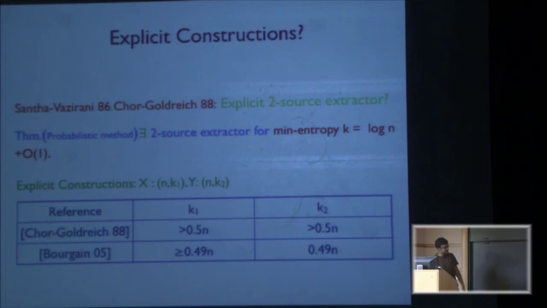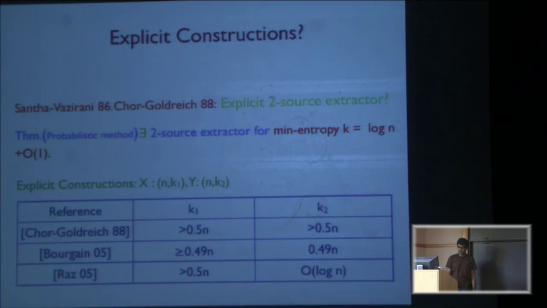And after 20 years, Bourgain used sophisticated methods from additive combinatorics, some line-point incidence theorems, to slightly better the bound from slightly larger than 0.5 to 0.5 minus a small universal constant. And Raz showed how to extract from two sources when one of them has min-entropy rate slightly larger than 0.5, and the other source can have logarithmic min-entropy.